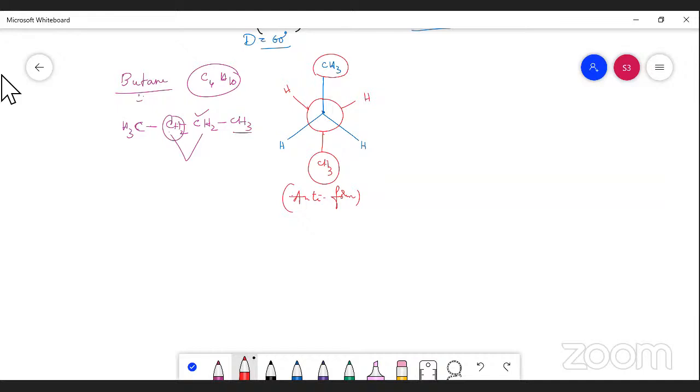Next, you rotate this molecule by 60 degrees. After rotation, you keep the front carbon as it is: CH3, hydrogen and hydrogen.